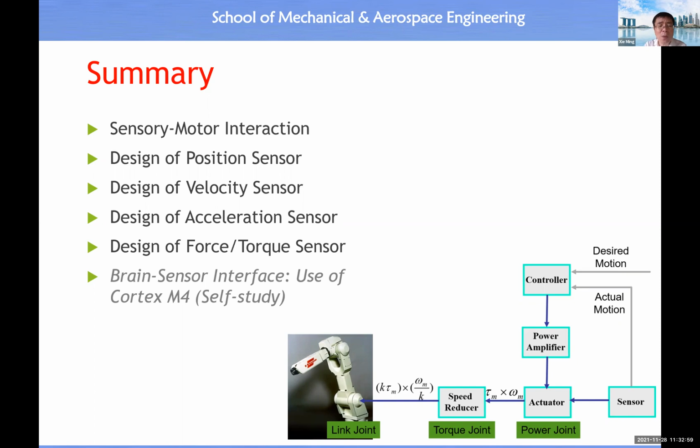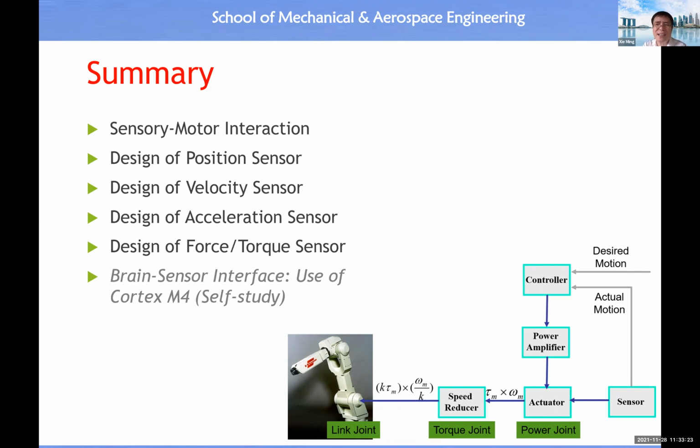One important aspect of a sensor module is to have this built-in capability of a brain sensor interface. Therefore, I provide you extra material to study in order to understand a little bit of detail with regard to the brain sensor interface.